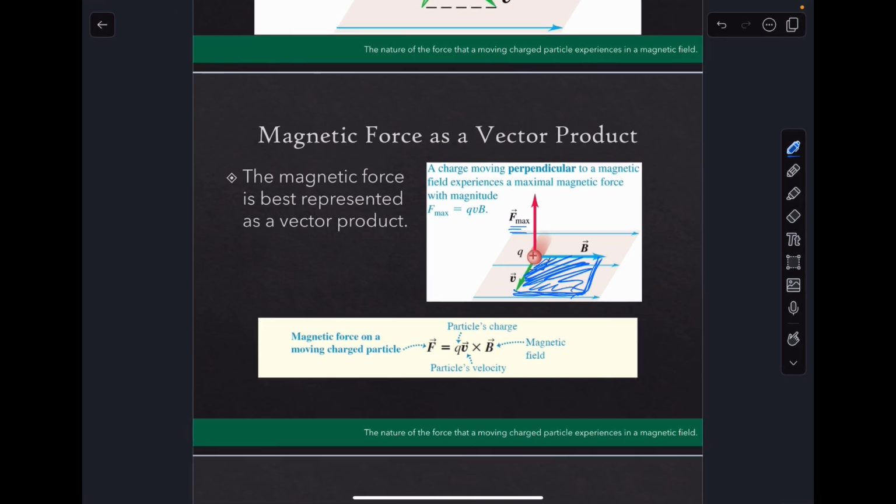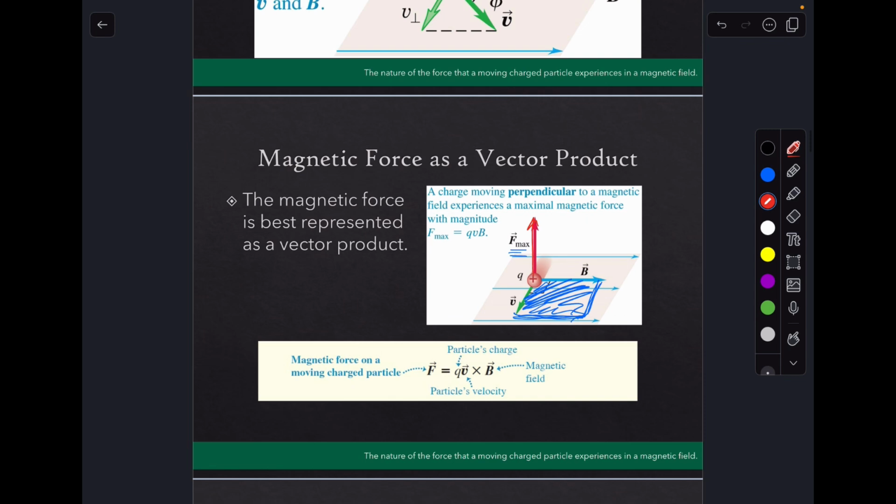This force vector will be perpendicular to that plane, just like this. I drew it there so that you could see that it's sticking out of the face of that plane. So this is how we determine the magnetic force on a moving charged particle.